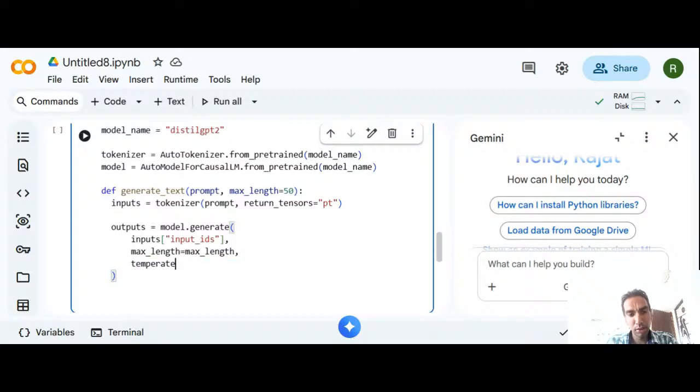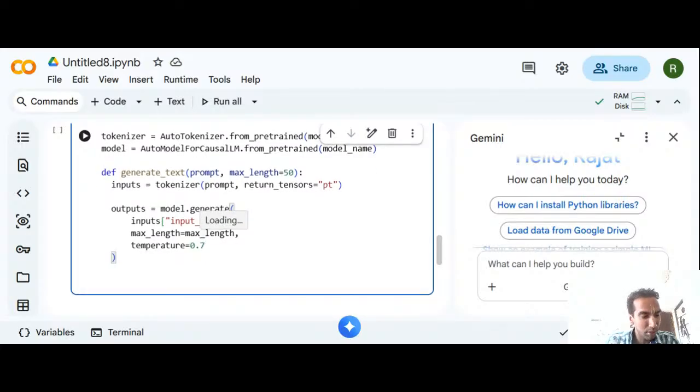First we are tokenizing, then we are feeding the prompt. Do you remember the sampling strategies we used to decode? Greedy search, beam search, top K, top P. We did a Colab also for that. So that's why we are using this temperature to generate the output.